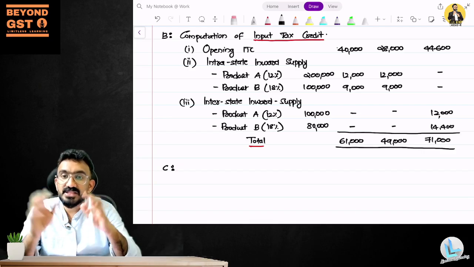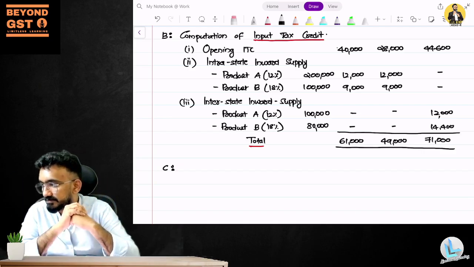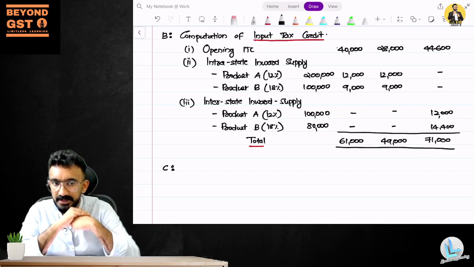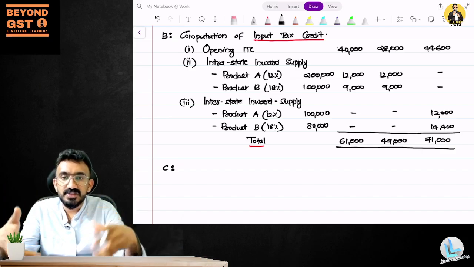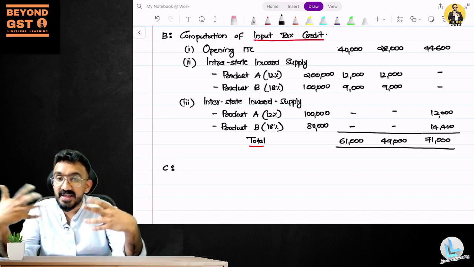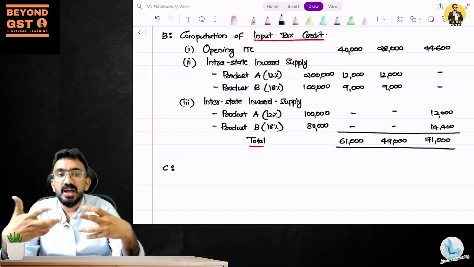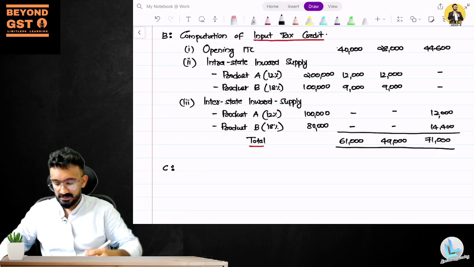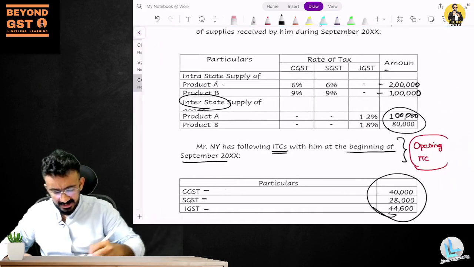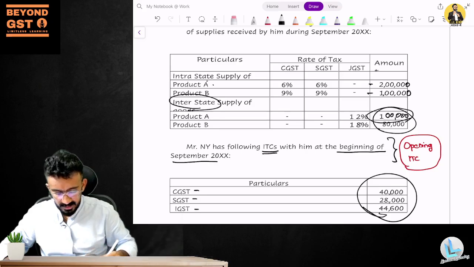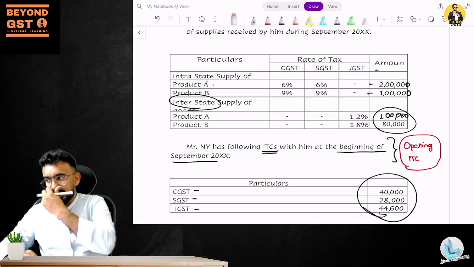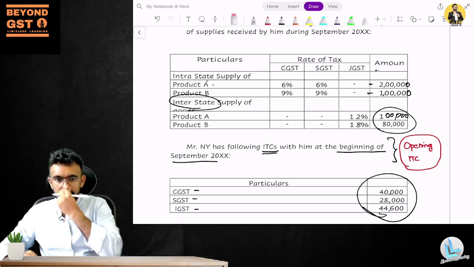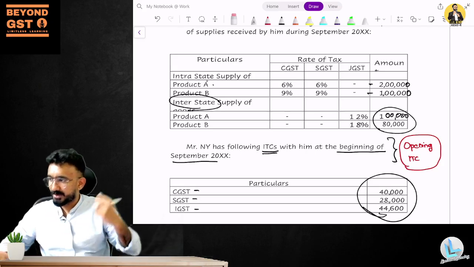Whenever you have these changes, the format remains the same. Since the format remains the same, we will do the question in the same format, but the working notes and answers would change. In this question, we have taken 1 lakh only, interstate product A. I think in your practice question there is 1,50,000, you can do it with 1,50,000, no problem.